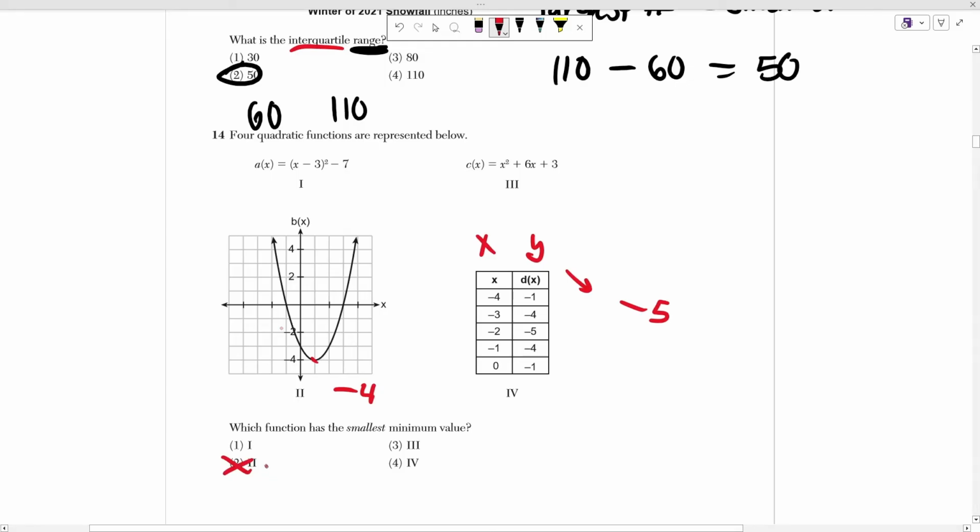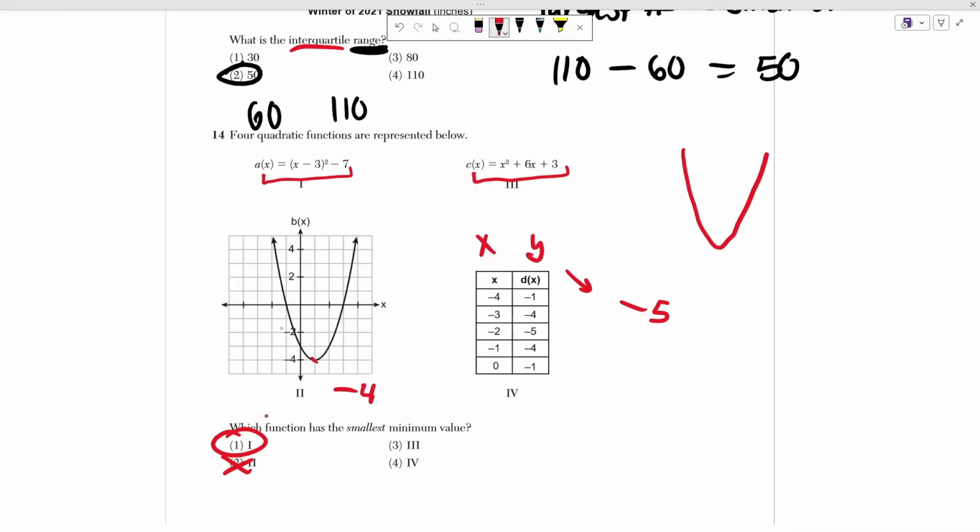Next, what we can do is we can plug choice 1 and choice 3 into our calculators, right? And we can see how low that graph stoops, okay? So for 14, choice 1, this graph will stoop way lower than any of the other graphs, right? So yeah, the answer here would actually be choice 1.